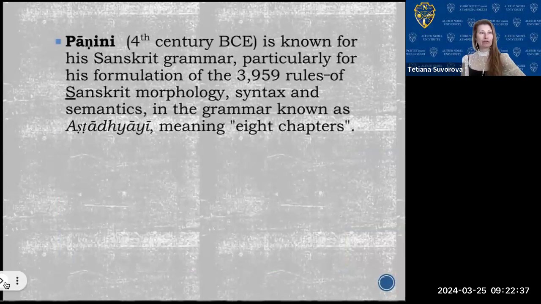So what we should start with, generally, moving to the 19th century right now, because generally we should speak about the 4th century before the Christ era. But we speak about the 19th century because that is the time when it was discovered by the European scientists, and that is the starting point of comparative historical grammar, and then it influenced the appearance of structural grammar.